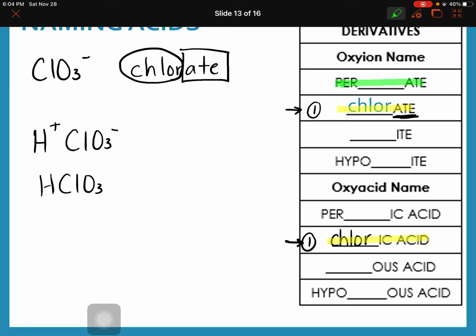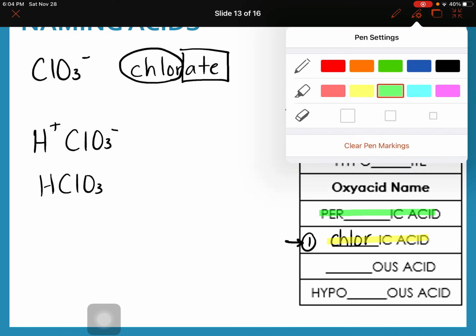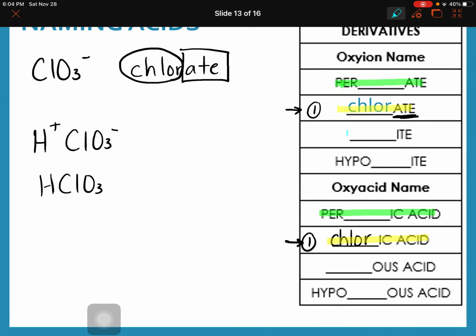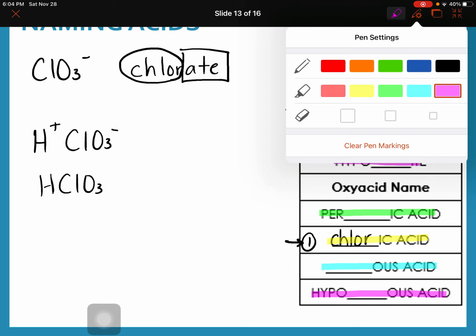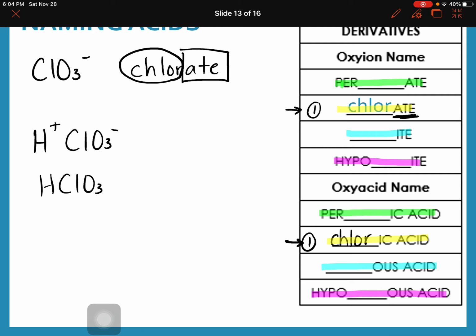The perchlorate would become perchloric acid. Chlorite would become chlorous acid. And hypochlorite would become hypochlorous acid. So in each of these, starting with chlorate, chlor is what would fill in all of these.